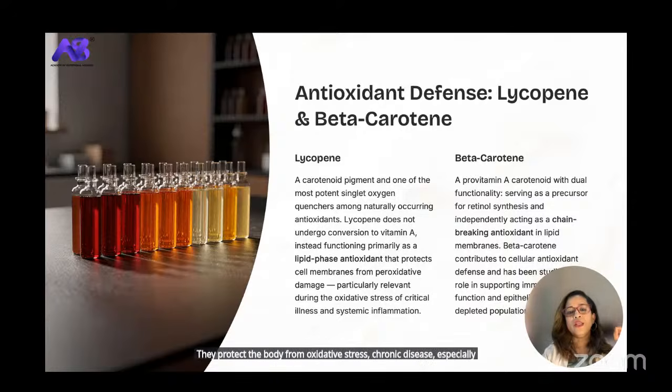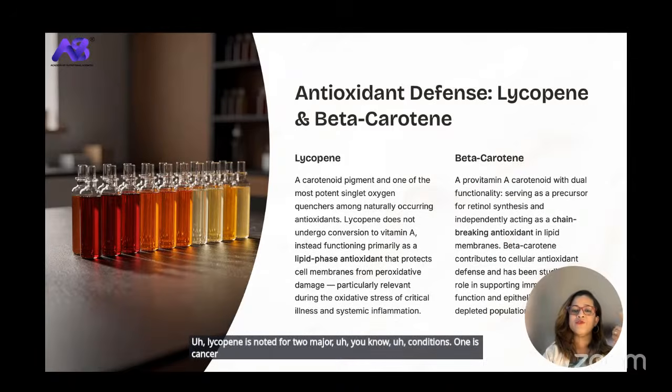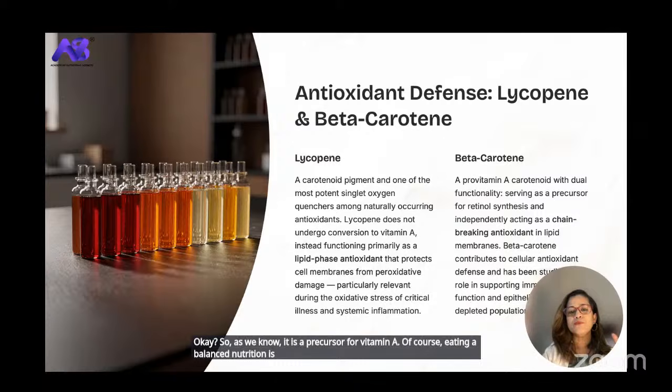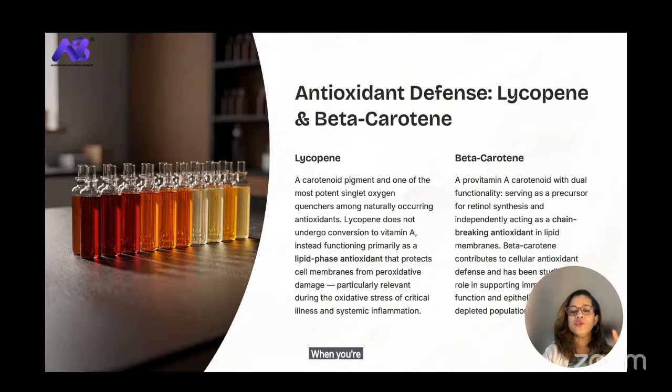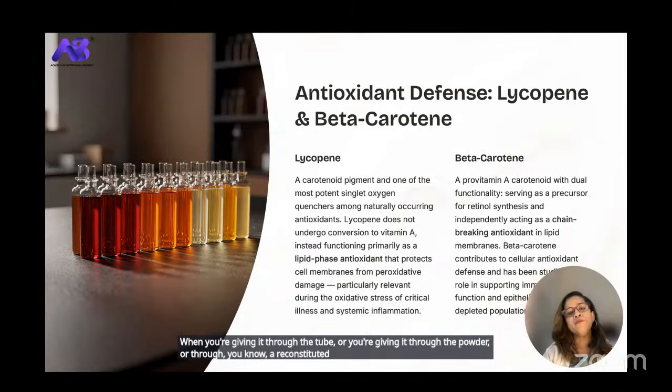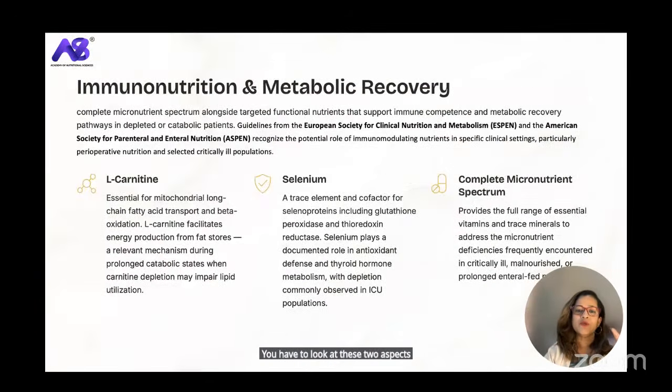Especially lycopene is noted for two major conditions: cancer and cardiovascular diseases. Okay, so as we know, it is a precursor of vitamin A. Of course, eating a balanced nutrition is important, but when you're giving it through the tube or through reconstituted powder form, you have to look at these two aspects also.